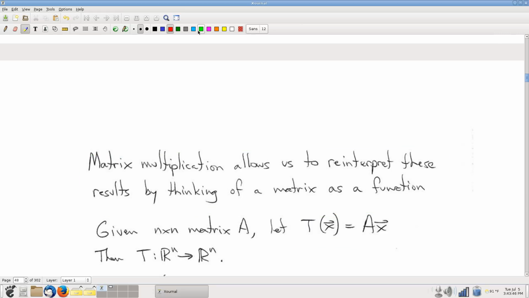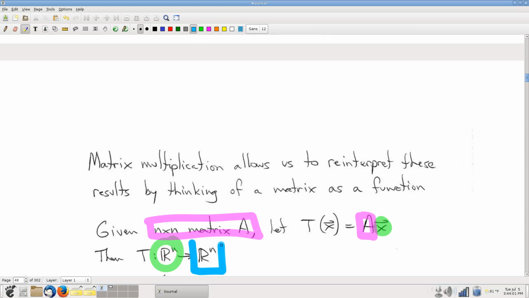Notice that if you take an n-dimensional input vector and multiply it by A, don't forget A is an n by n matrix, then the output is an n-dimensional vector per this formula.